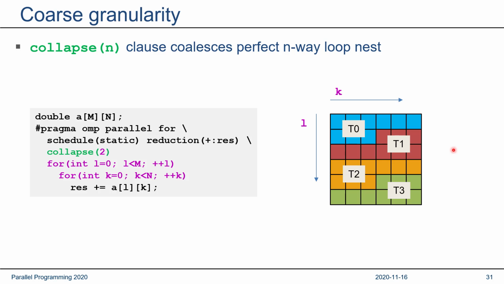So that's what happens here. Instead of letting a chunk per thread end at the end of a row, you can now have transitions between threads in the middle of rows because the two loops have been coalesced into one big loop. And this means in this case that the load can be distributed perfectly and evenly across the 4 threads.